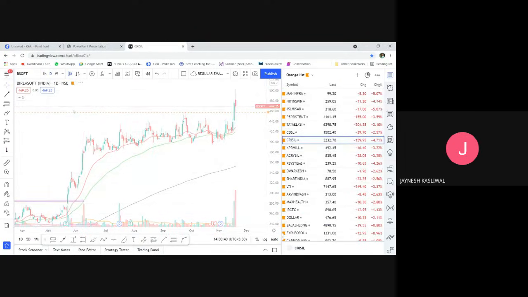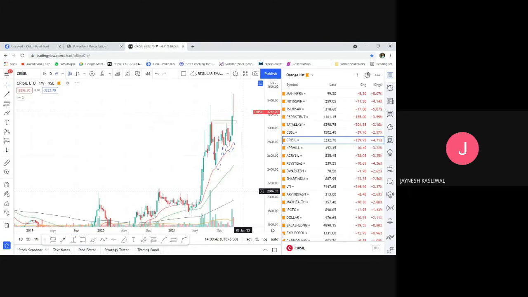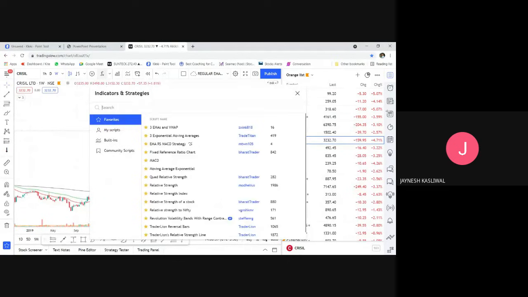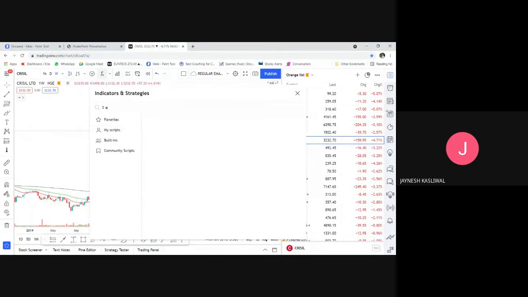I am using TradingView as my website for all the charting. This is a free website that everyone can use, and I have applied one indicator in my chart, and that is the moving averages. How to apply moving averages? You can just type here 3EXPO.